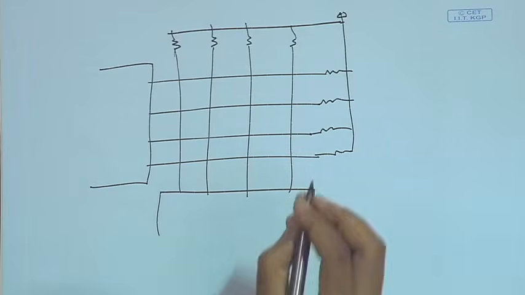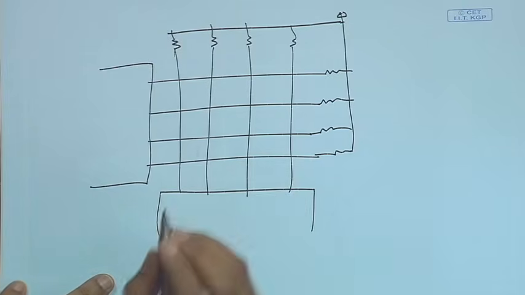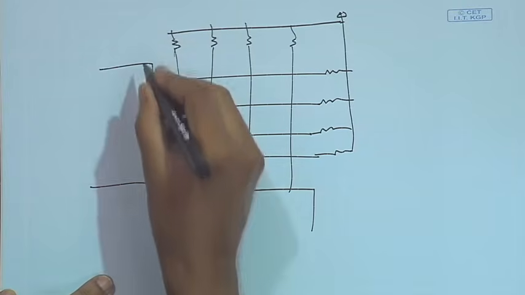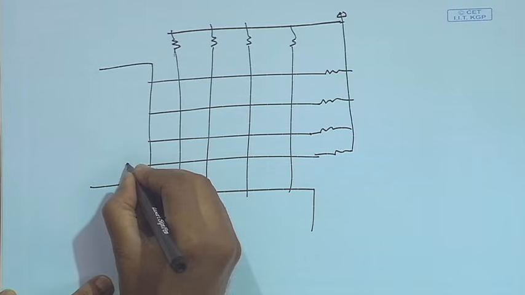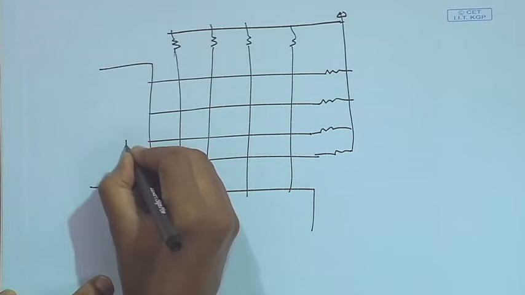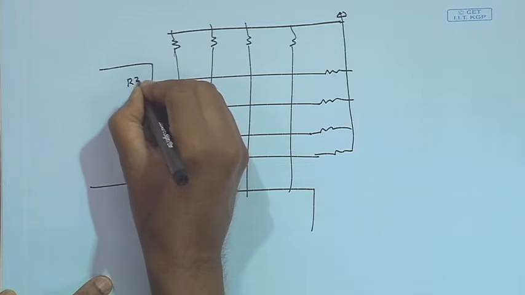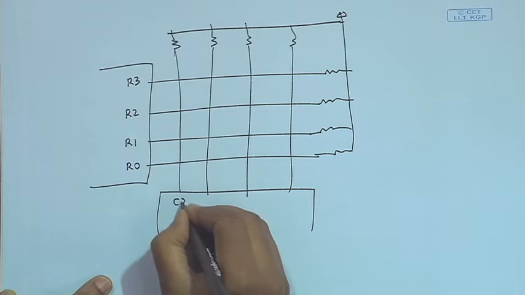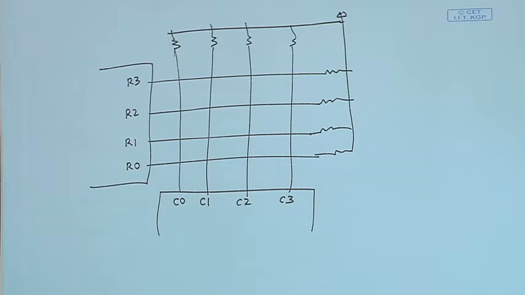Fine. Now, I want to check whether a particular key is pressed or not. Let us follow convention. This is my row 0, row 1, row 2 and row 3, and this is my column 0, column 1, column 2 and column 3.